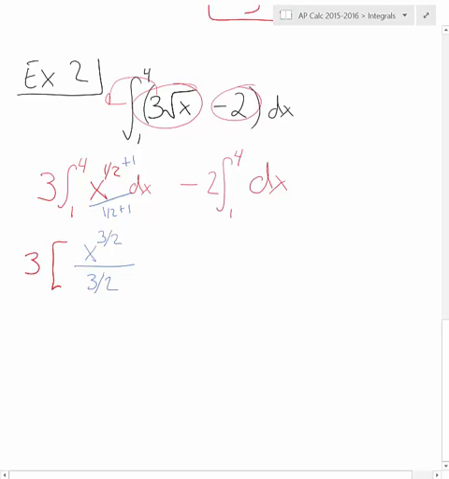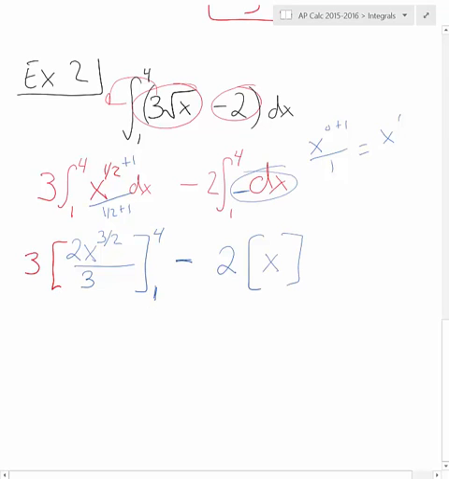And instead of writing divided by 3/2, you can make that 2/3. And then this is from 1 to 4 minus 2. The integral of just dx is, think about this as x to the 0 plus 1 over 1. That's why this is x to the first power. So anytime you just have dx, it just becomes x from 1 to 4.